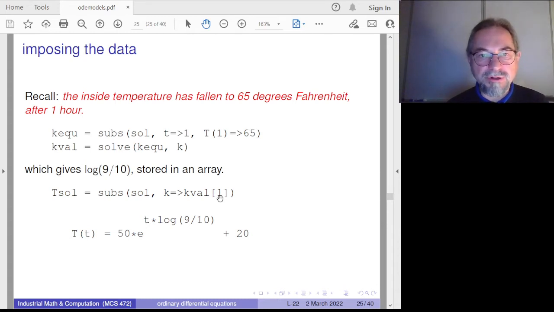We will replace the T of 1 by 65. And this gives us this model, the logarithm of 9 over 10, or 0.9. And if we take the decimal logarithm, yes, indeed, this will be negative. Good. So again, if we solve something, we obtain an array, so be sure to select the content of this array.